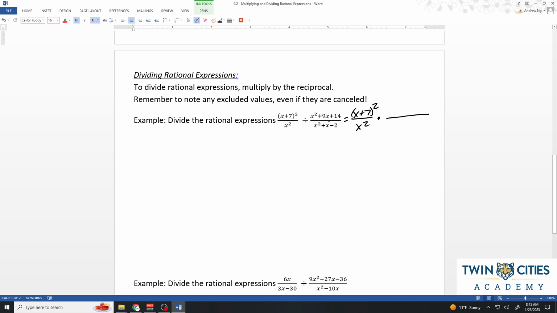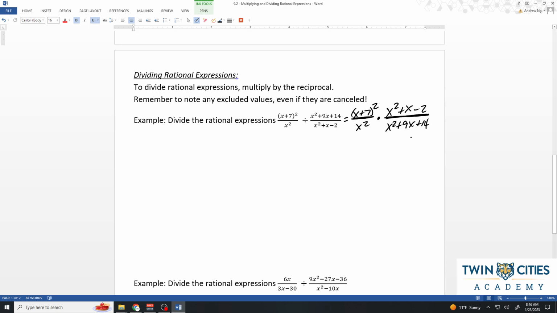So just flip the top and the bottom. The top will be x squared plus x, sorry, minus 2. And this will be over x squared plus 9x plus 14. So don't do division. Actually, we'll just multiply.